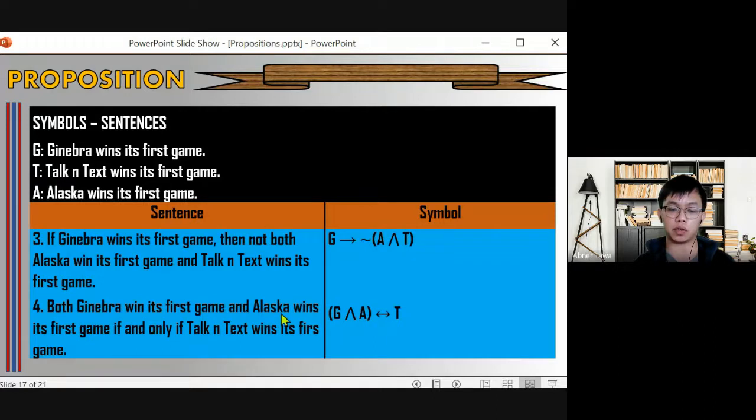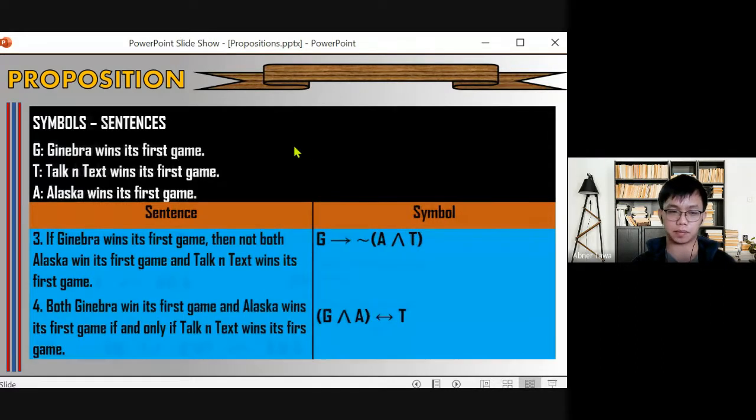And the symbol for if and only if is we have here two-sided arrow. And then our second subproposition is T. So the first subproposition is we have here both Ginebra wins its first game and Alaska wins its first game. And the second subproposition is Talk and Text wins its first game. So the name for this proposition is biconditional because it is the main connective that is used. So that is how we write sentence or propositions in sentence form to their symbol form.